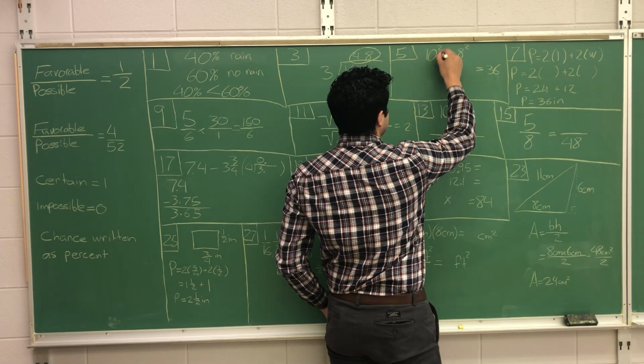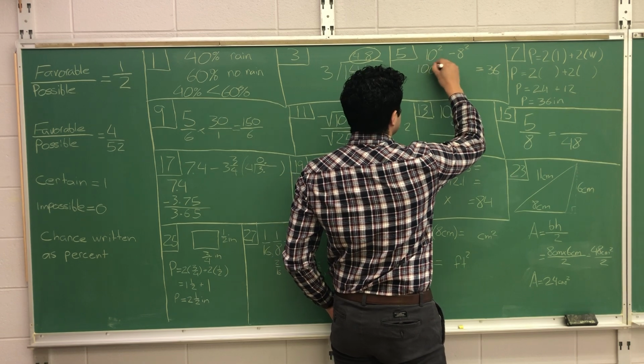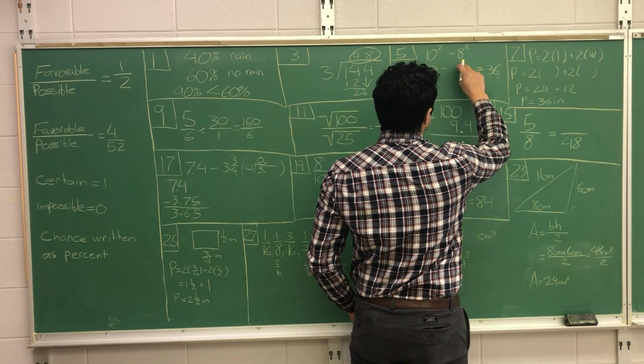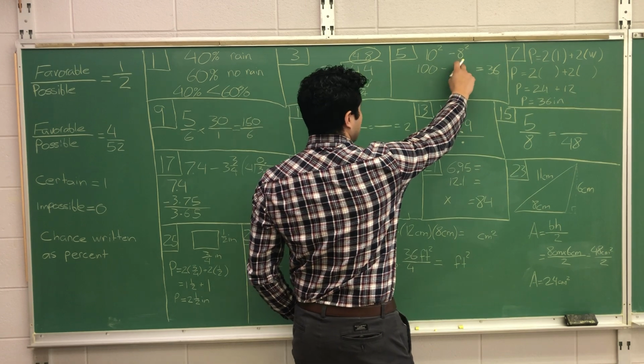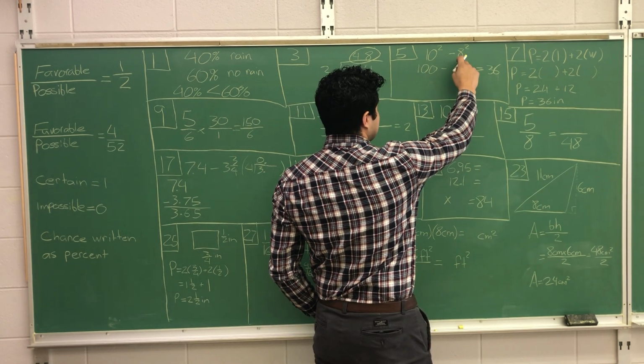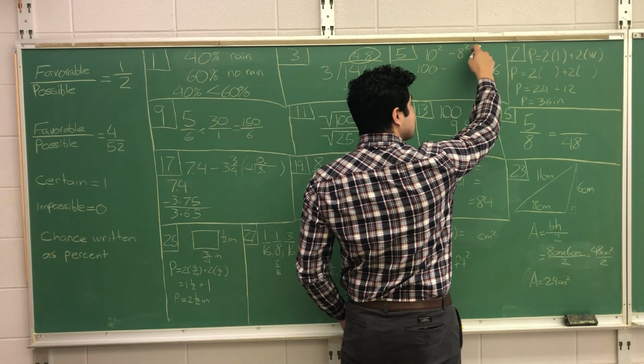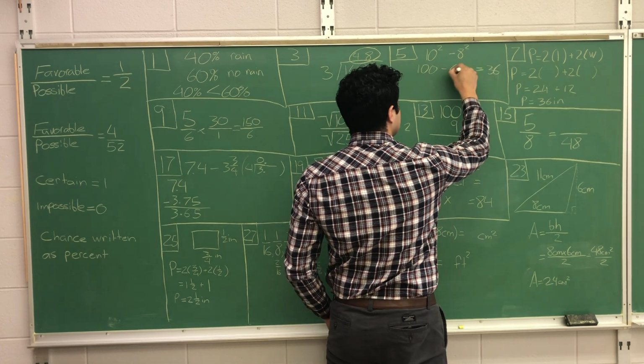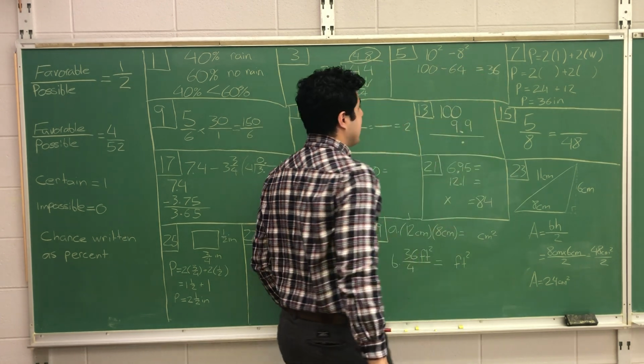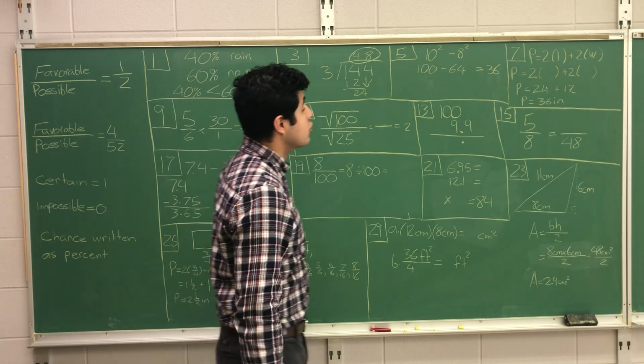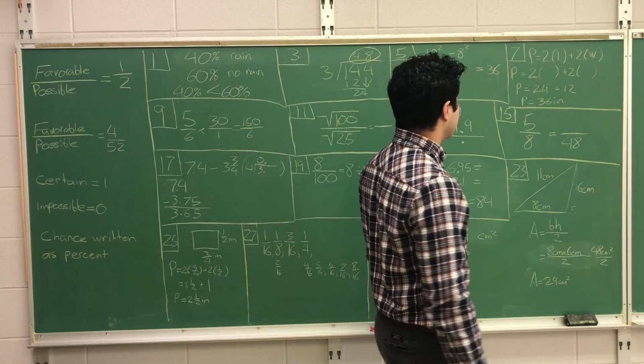So 10 times 10 equals 100. And then minus the square of 8. So 8 squared is not 8 times 2, it's 8 times 8, which is 64, which gives us the final answer, 36. 100 minus 64 is 36.